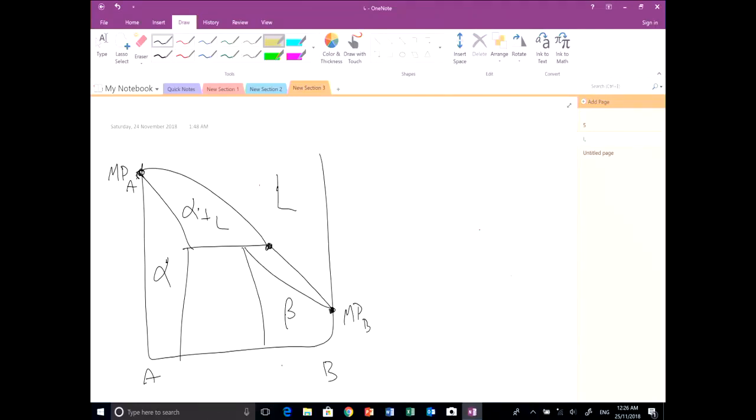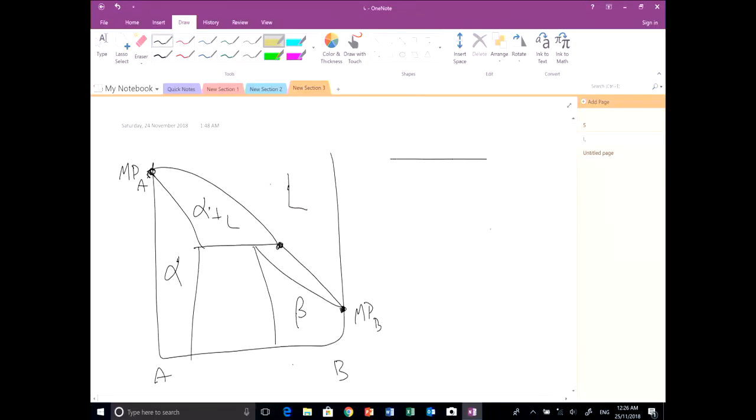Always. So what's happening? I've got a horizontal line. What are the phases on the horizontal line? I have alpha here, I have liquid here. What do I have right there? What is it? What do you reckon?